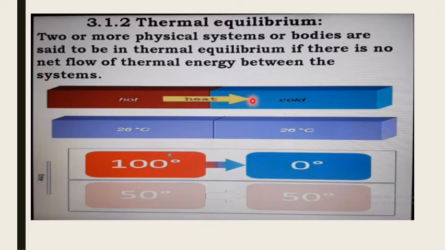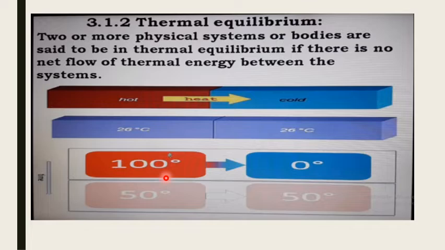If you take two systems, one is the hot system and one is the cold system. We know that heat is always transferred from higher temperature to colder temperature. See here, higher temperature 100 degrees Celsius, and for cold, 0 degrees Celsius.